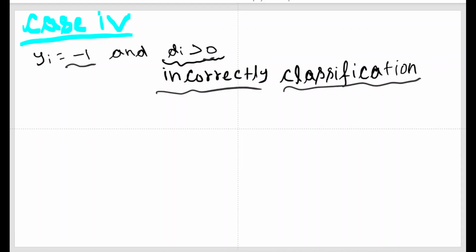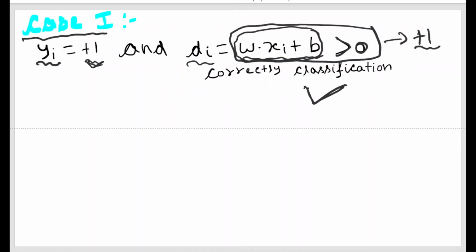So we have seen all the different combinations of the values of yi and di, and we have gone through what is actually happening there. If we observe it rightly, then we will come to a conclusion. Just see the conclusion: yi into di here is greater than 0.